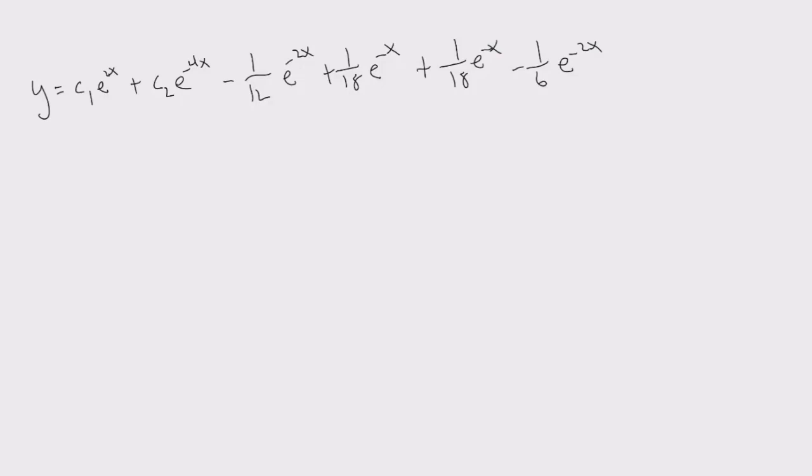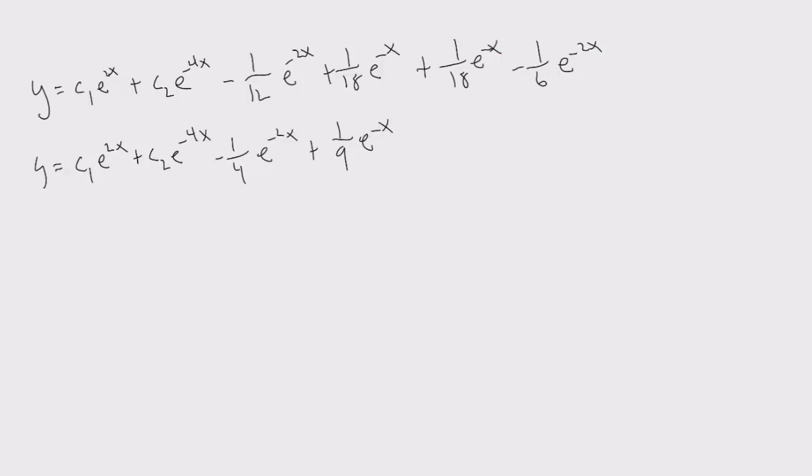And clearly we can do a little combine like terms action here to make our lives a little bit easier. So c1 e to the 2x plus c2 e to the negative 4x, minus 1/4 e to the negative 2x plus 1/9 e to the negative x.